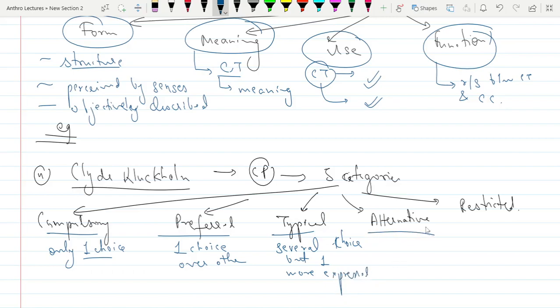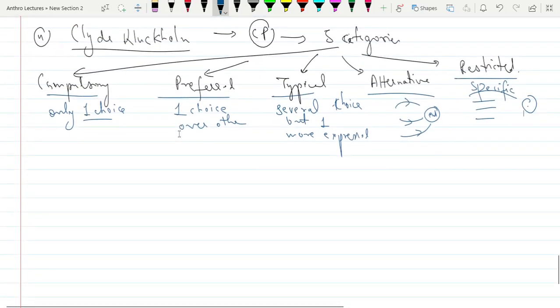In alternatives, for a particular purpose, there may be different patterns to achieve it. In restricted, there are different patterns, but all are almost restricted, and there will be only a specific path to a particular function or end. So this is what Clyde Kluckhohn said.